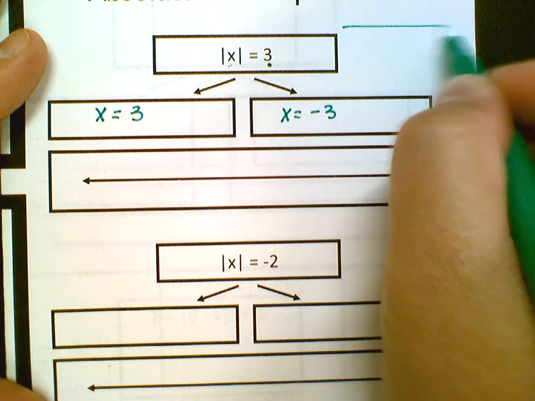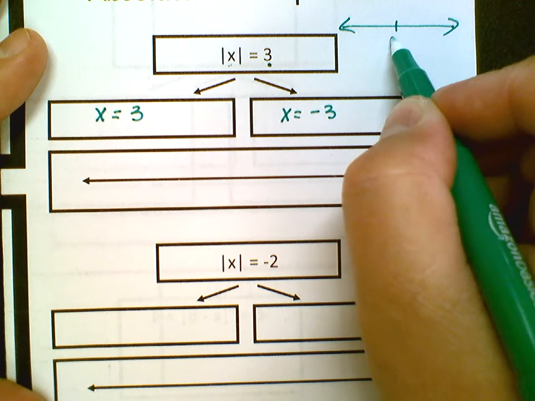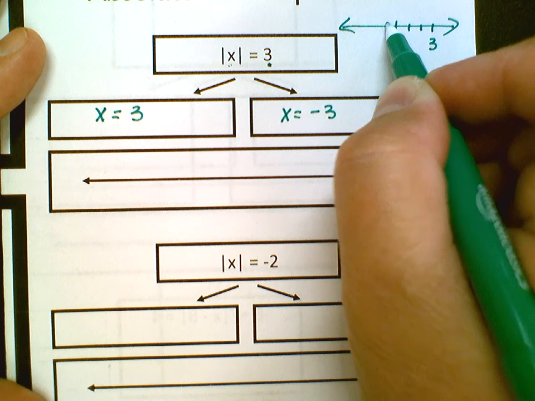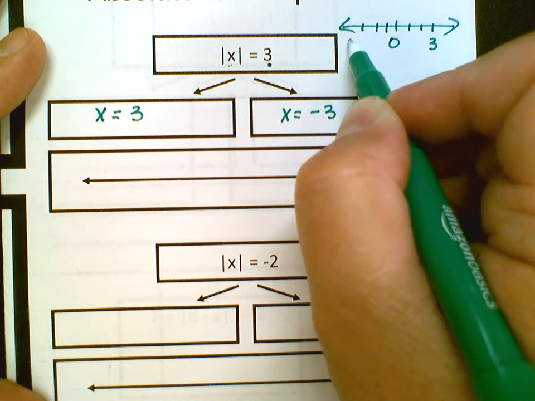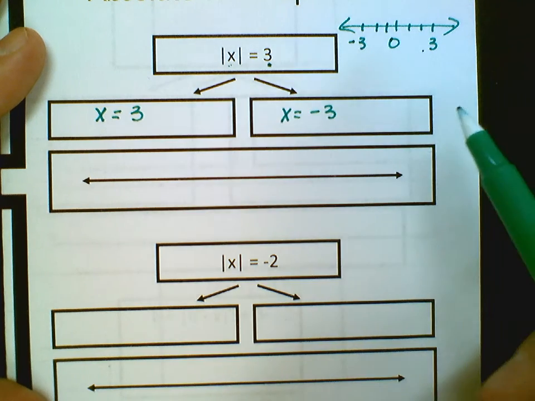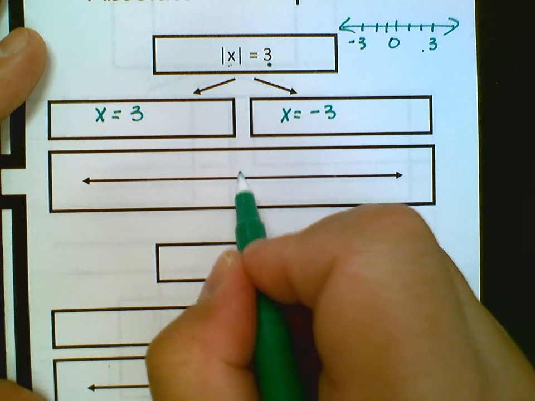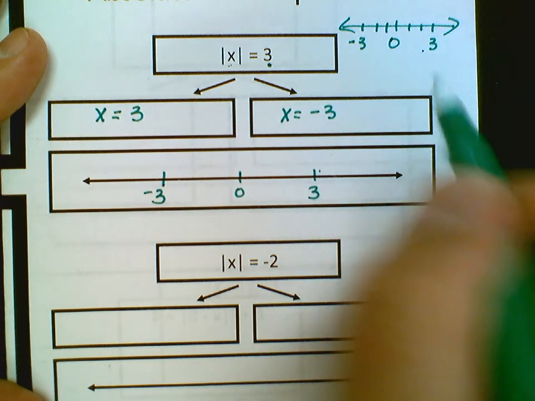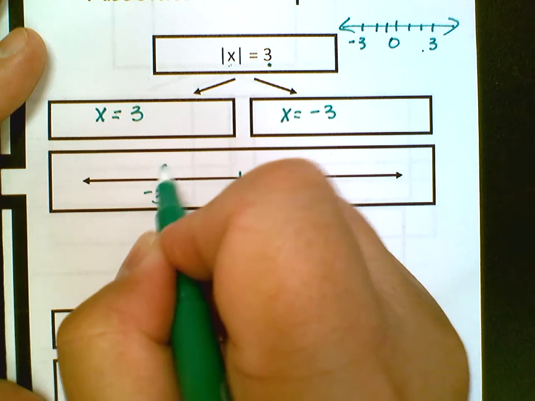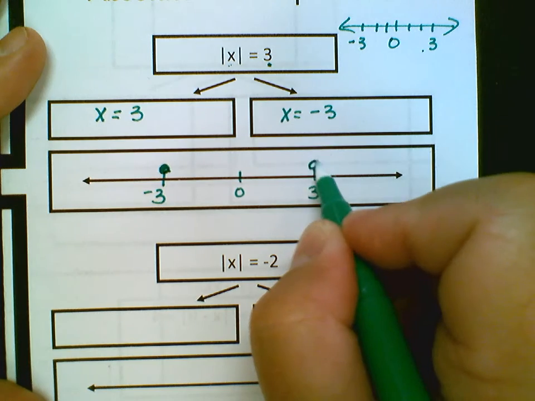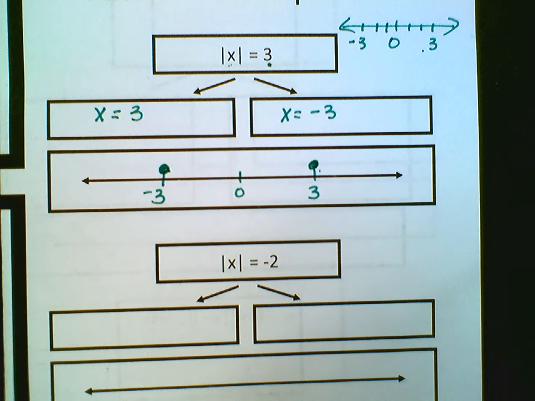If we look at the number line, 1, 2, 3 units away is 3. 1, 2, 3 units away this way is -3. So this number has to be -3 or +3. Now, how do we graph that on a number line? Since it's equal to -3, I'll put a point there, or equal to +3, I'll put a point there.